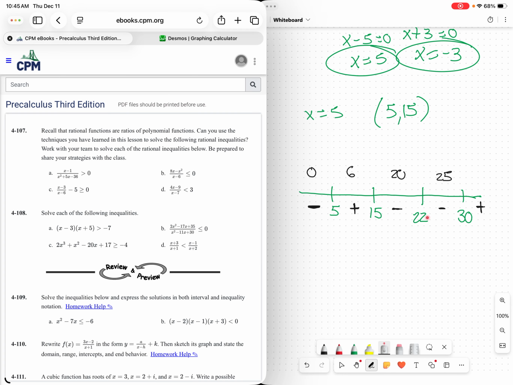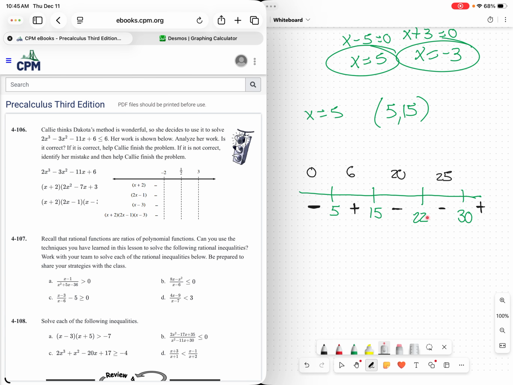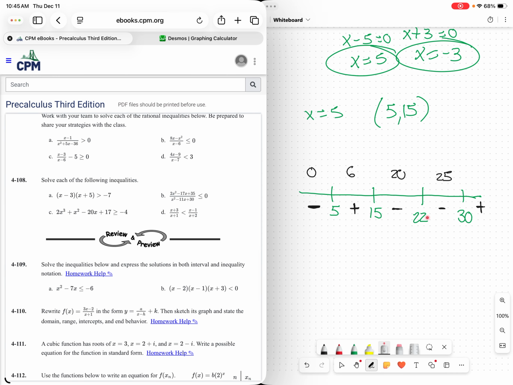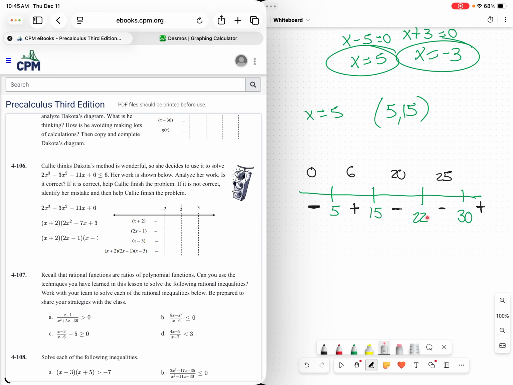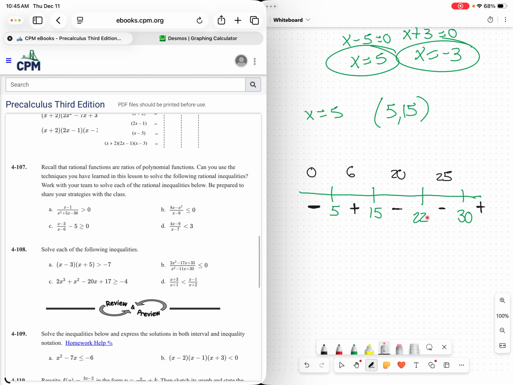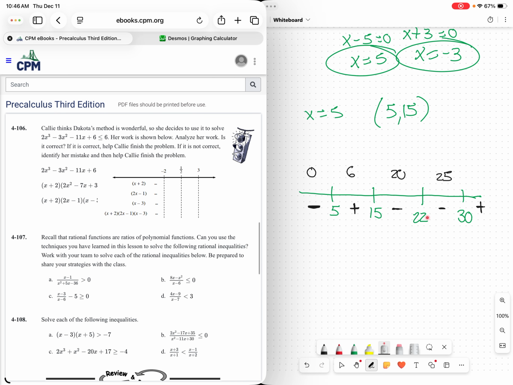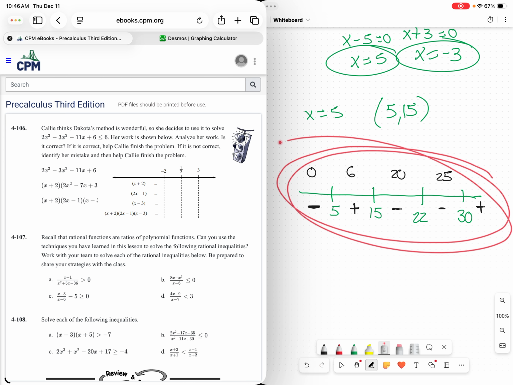So we can use these techniques up here to test our values, to test when these points work. And that's how we find what part of the inequality or what values work for this and what values do not work for this. So it's using this testing theory to test these.